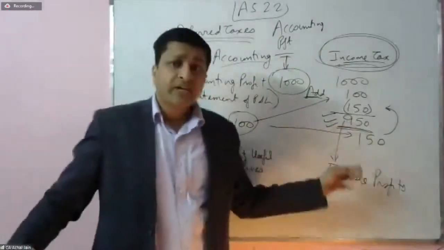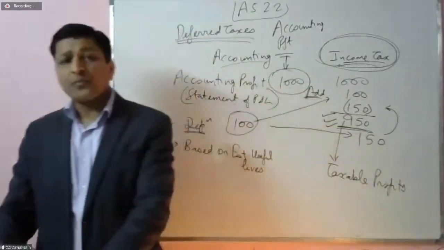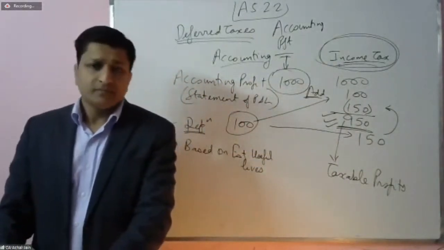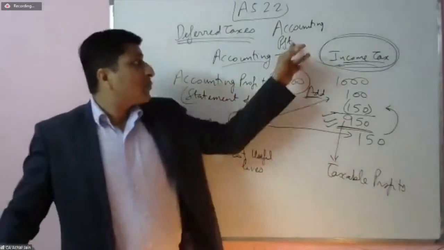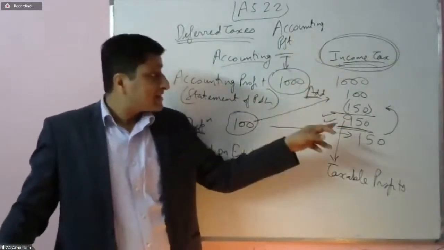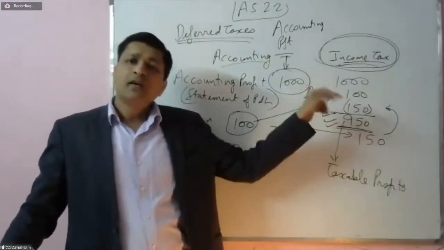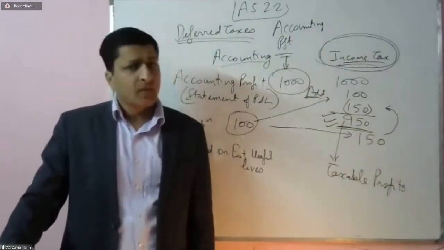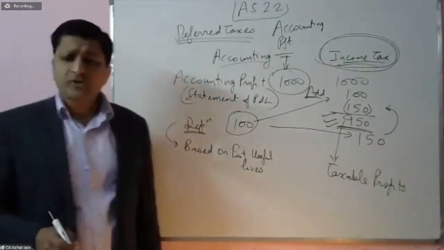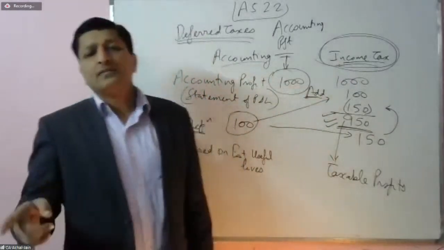And this 950 is also called taxable income. So we can say profit or income. It can be either way. And in case there's a loss, then we will call it accounting loss. And in case there's a loss over here, we will call it taxable loss. Understood? Two terms which are the most important terms: accounting income and taxable income.